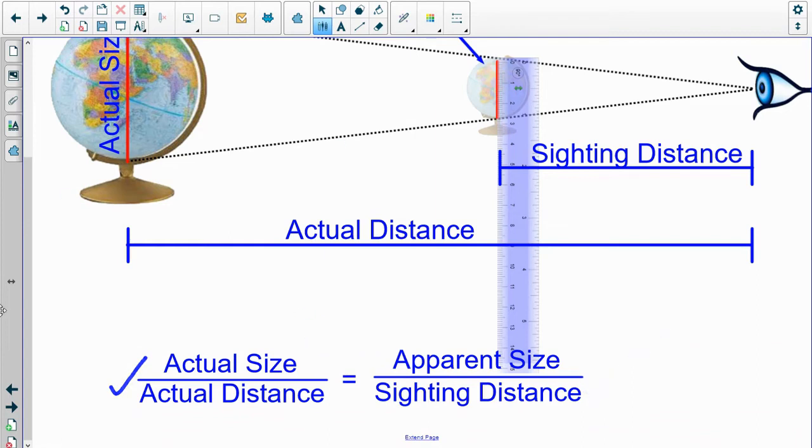And likewise, we didn't do this with our lab work, but if we knew the apparent size, we measured it, and we knew the sighting distance, and we knew the actual size of something, we could figure out how far away it is. So in a way, there's kind of two unknowns over here. But just from the apparent size and sighting distance, which are two things that are measured comfortably in our lab from 5 meters away, or for an astronomer from right here on Earth, we can find the size to distance ratio.